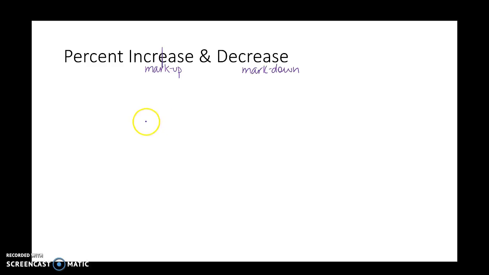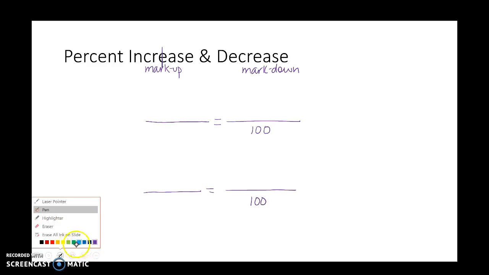So again, percent, we always use proportions. So percent, proportions, percent, proportions. And every time we have a percent proportion, 100 goes here on the bottom. So I wrote it twice because I just want to remind you guys two different ways. So yes, again, we have percent on top.